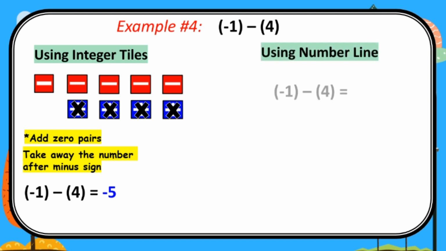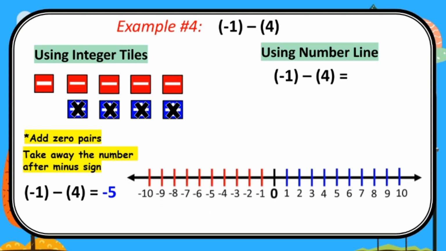Using number line, negative 1 minus positive 4 equals blank. Ang ating minuend ay negative 1. So, ang ibig sabihin nun, go 1 unit to the left. So, pakaliwa tayo. Mag-start tayo sa 0. We have 1.